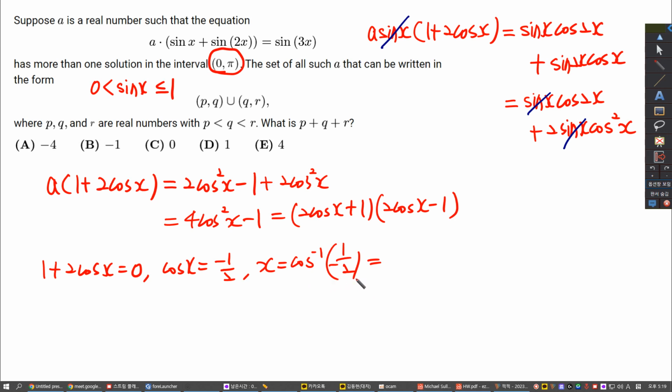So that's 2 pi over 3, right? That's one solution. But we want the case when this equation has more than one solution. That means another solution should come from after canceling this parenthesis.